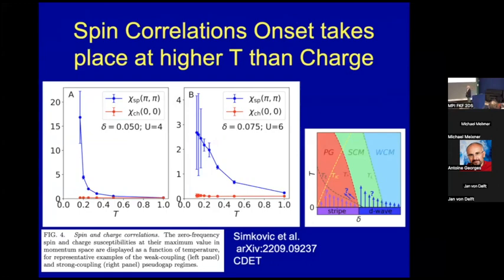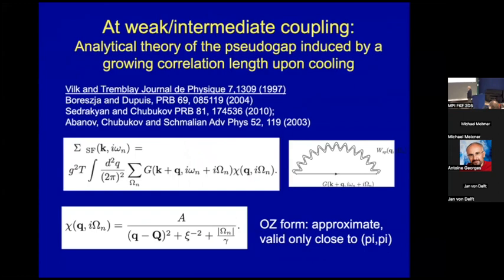So spin correlations run the show, and we know that in the weak coupling limit, it is indeed spin correlations, but associated with a large correlation length, which are responsible for opening the pseudogap.